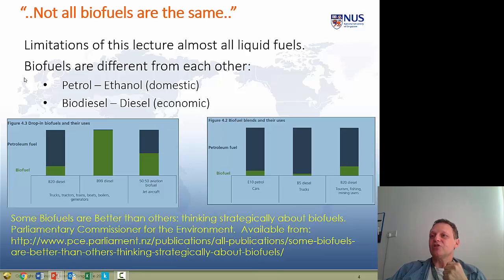That means you can literally roll up at the factory with your car, lorry, whatever, fill it up and drive off. Now, there are some types of biofuel that you can do that with, but that's not most of them. Mostly, one actually needs to have a standard blend.